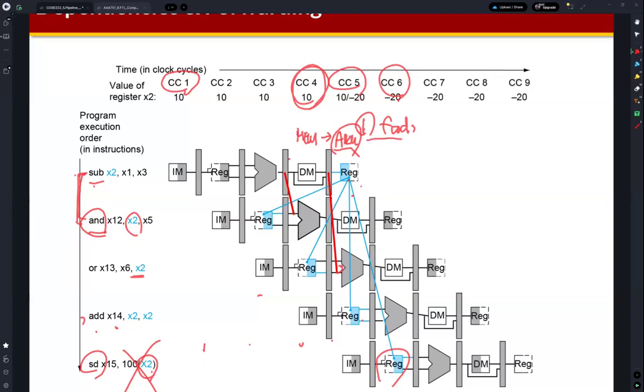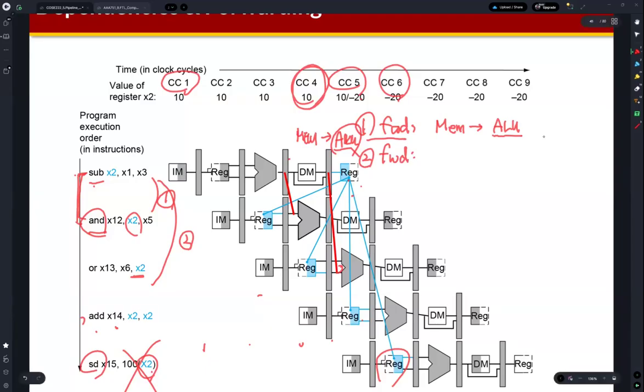So the first forwarding is the data forwarding from memory stage to the input of the ALU, okay? So this is the first forwarding. Then what is the second forwarding? The second forwarding is this data dependency, the data dependency between sub and or, right? So what is the second forwarding?